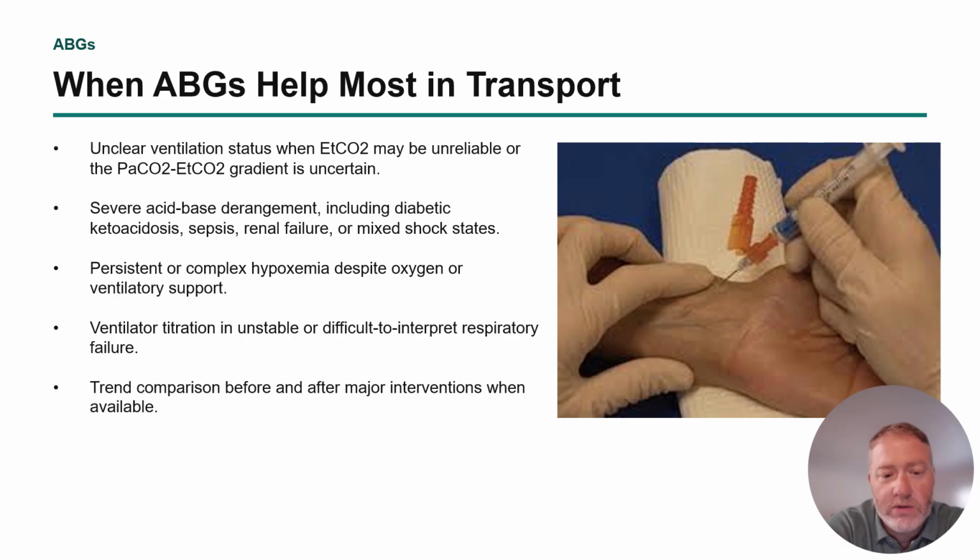Once we put them on a vent with the initial settings, then 30 to 60 minutes later we'll get a blood gas, and then we'll make changes to the vent based on that blood gas. After we make a change, we wait an hour or so and then get another gas to make sure that the change that we made worked or didn't work. So don't be afraid of or strangers to drawing blood gases.